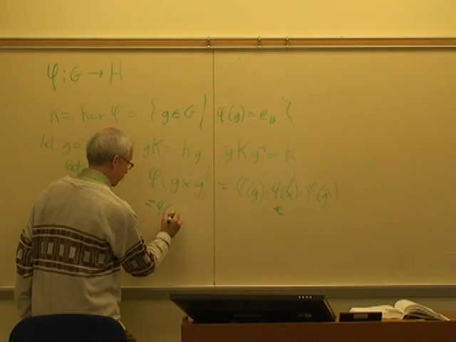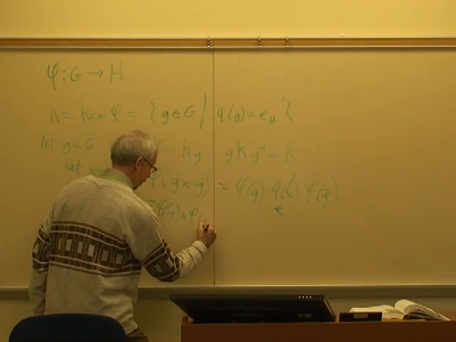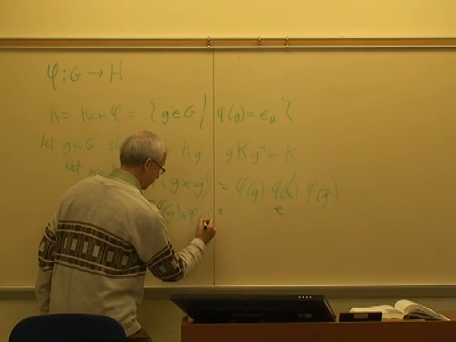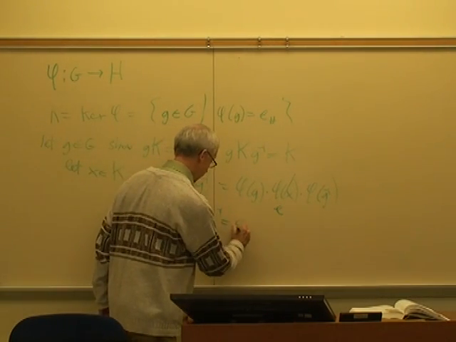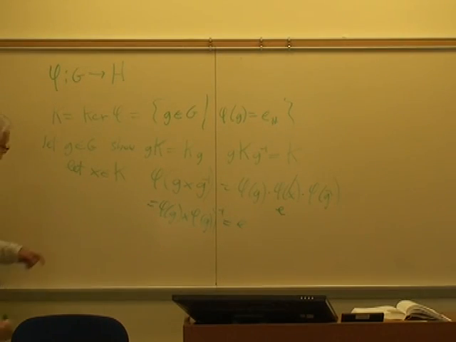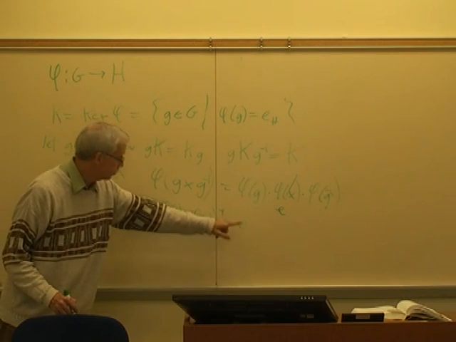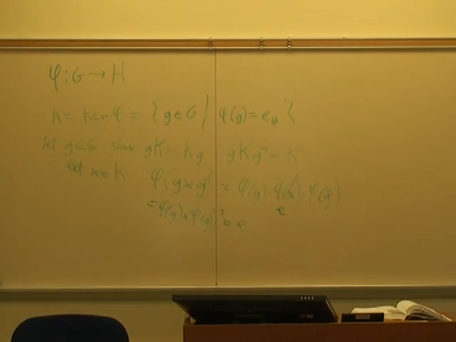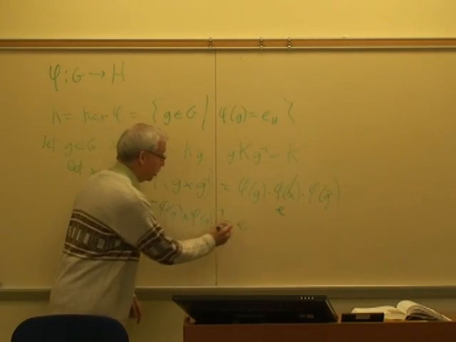That's the same as phi of g times phi of g inverse, right? Homomorphisms send inverses to inverses, and that's also the identity. But if g x g inverse gets mapped to the identity, where must g x g inverse live?